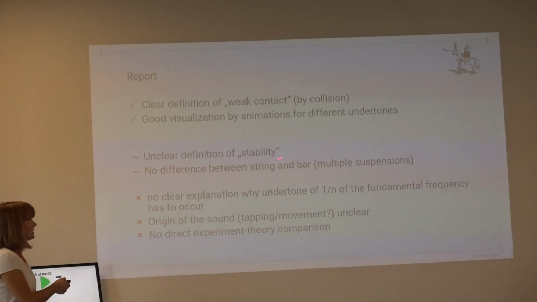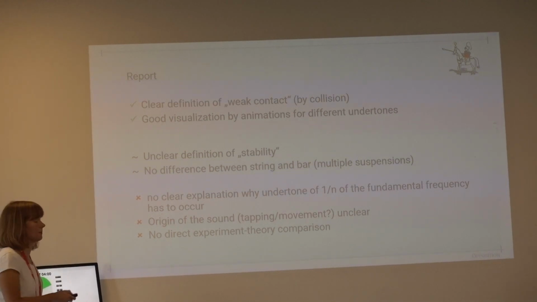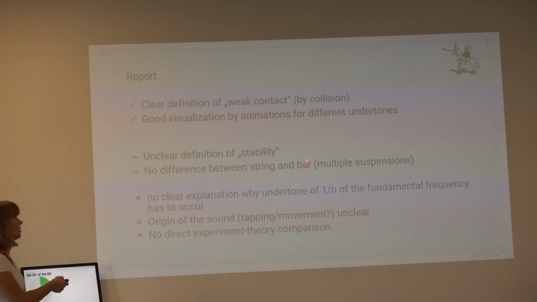So is it something like a bar? I noticed after the clarifying questions that she used a very thick paper, so we can assume this paper is more like a bar than a string. Then there was no clear explanation why the undertones have to be exactly 1/n of the frequency of the tuning fork, which will hopefully become clearer after the discussion.